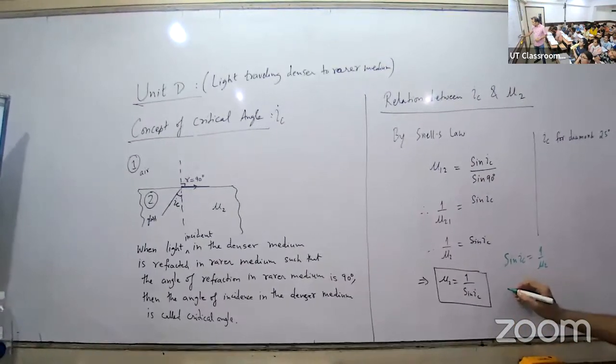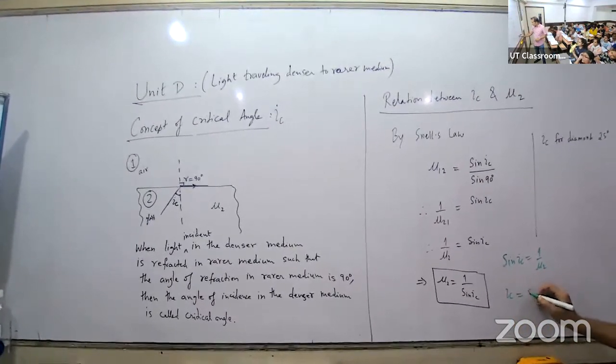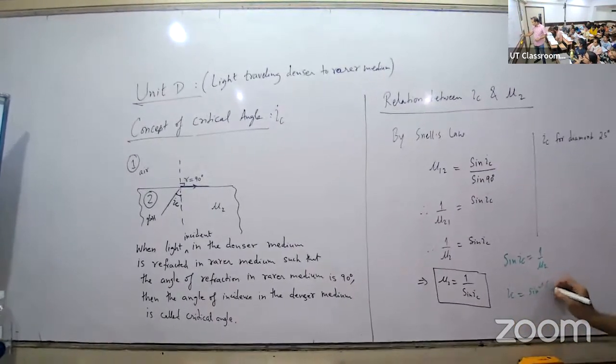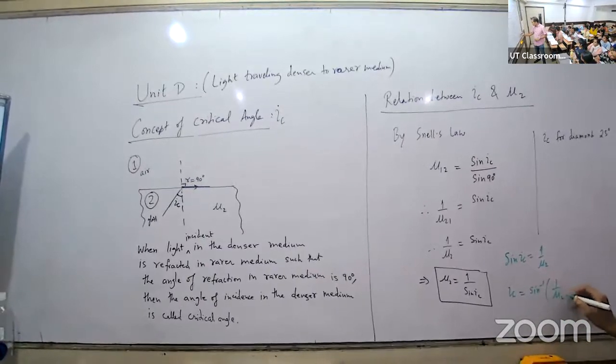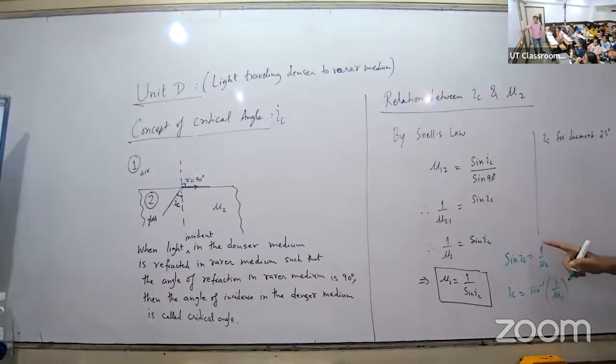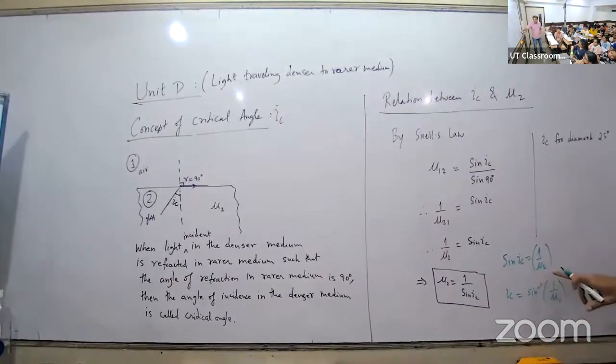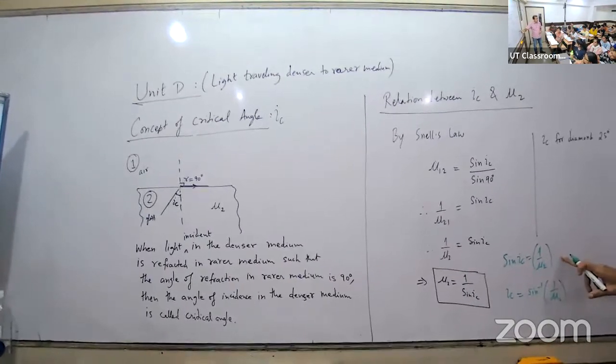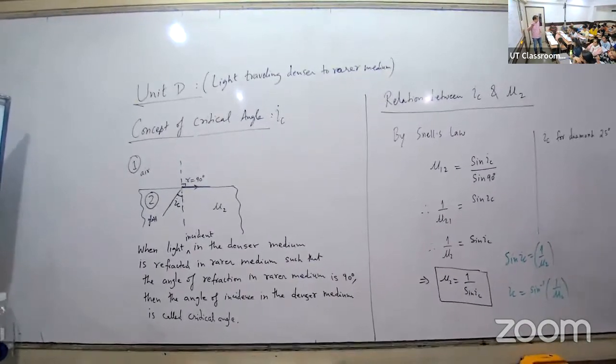From the sine table you can find out, whatever value you get here, for which angle sine of IC is this value. You can figure out the angle.